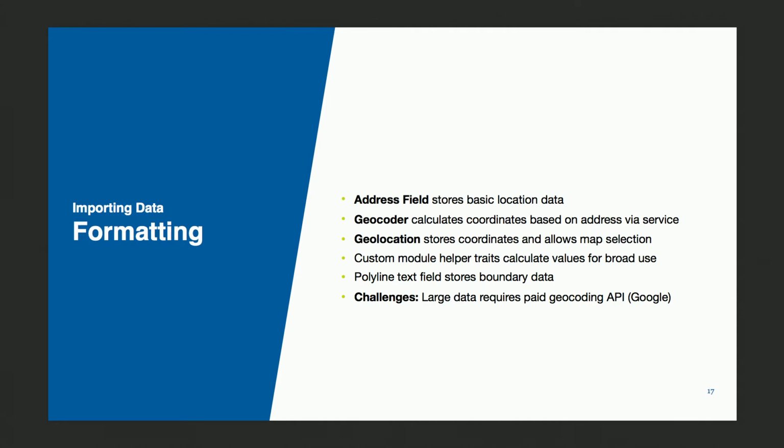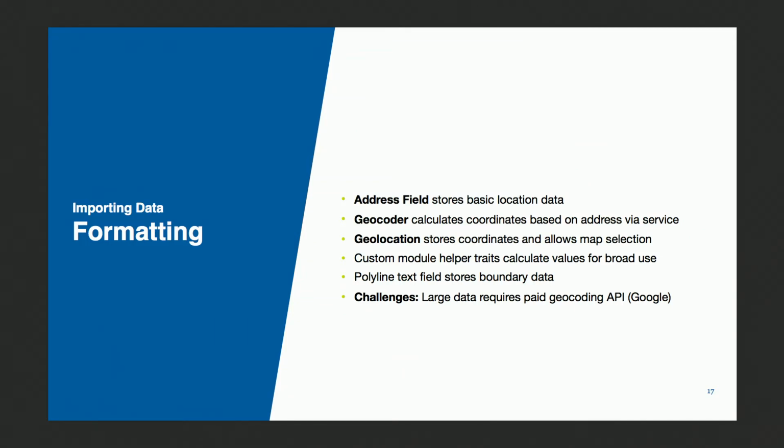Question, Bob? Quick, I'm sorry, I missed the geolocation thing. You're talking about moving the pins around. So every time you do an import, you have to go through all the nodes and move the pins around? No, it's saved. On import, if the park has an address, the Geocoder module gets called automatically and generates GPS coordinates for the address that is given.